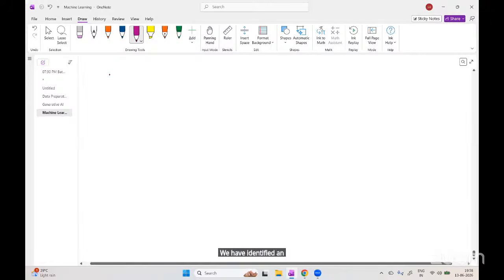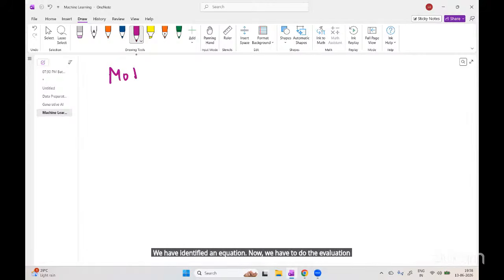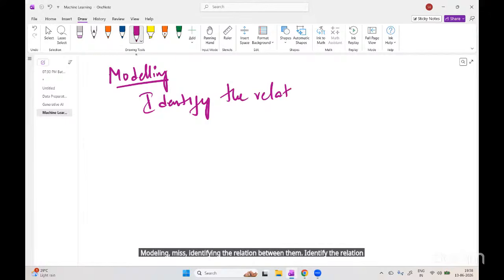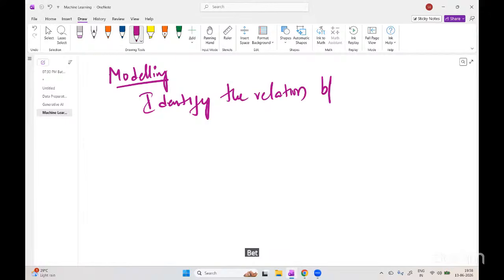Now we have to do the evaluation. What is modeling? Modeling means identifying the relation between X and Y, that is nothing but your input and output. Between the input and output, you are identifying the relation. That we call modeling.